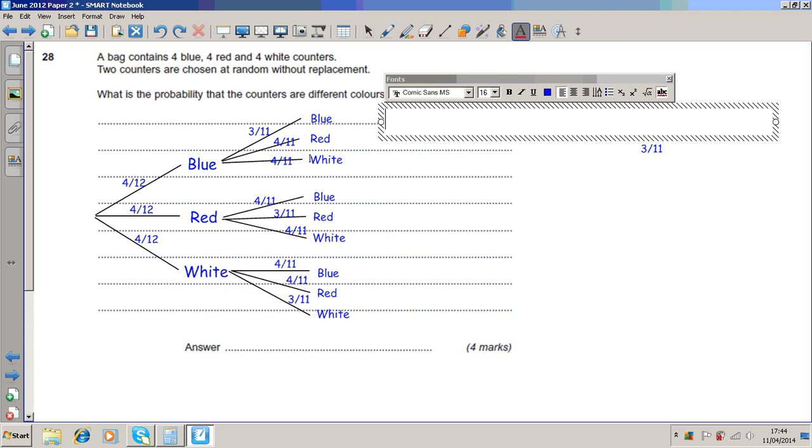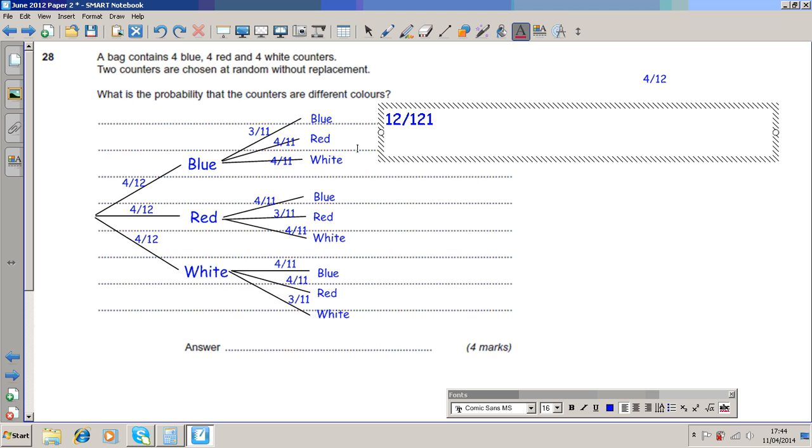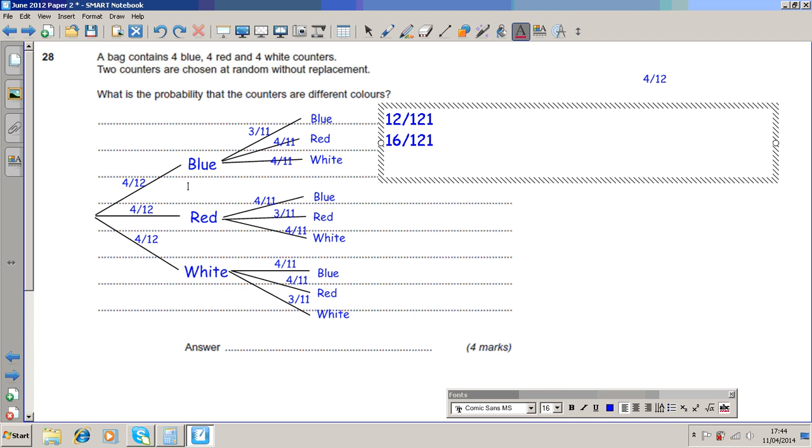So I'm going to work each of these out, I think in order. So 4 twelfths times 3 elevenths is going to give me 12 over 121. And blue then red is going to be 16 out of 121. And blue followed by white is going to be 16 out of 121.